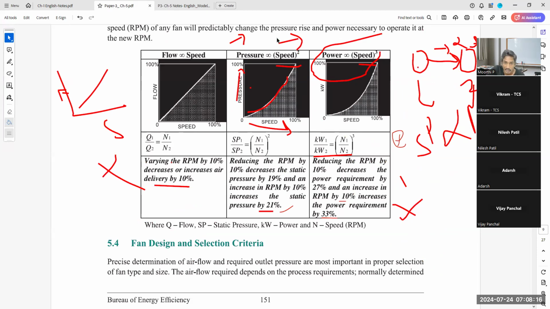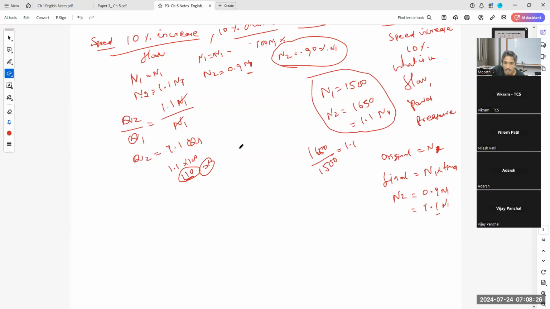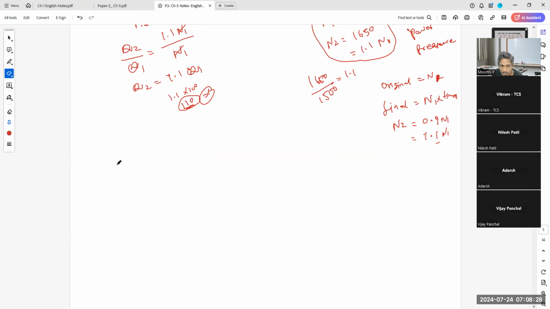Next, pressure. Pressure is directly proportional to N square. Suppose they ask 10% decrease or 10% increase, what will happen for pressure? Speed 10% increase.